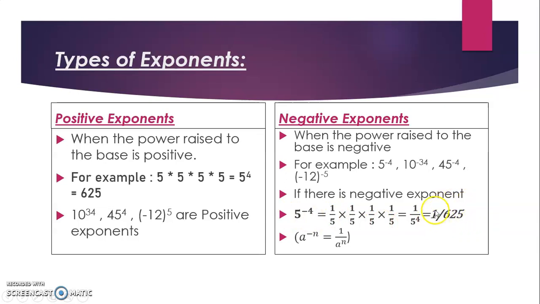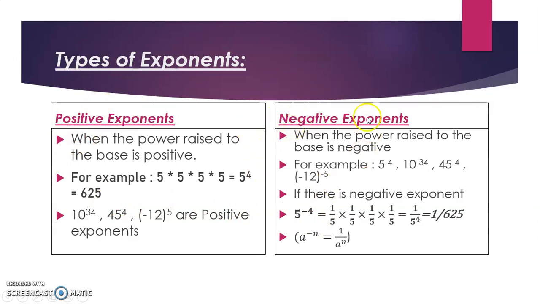So this is the difference between the answer when the exponent is negative and when the exponent is positive. The answer here was 625, but in the negative exponents, when the sign is negative, the answer is in reciprocal, that is 1 by 625. That is the only difference between the positive exponents and the negative exponents.